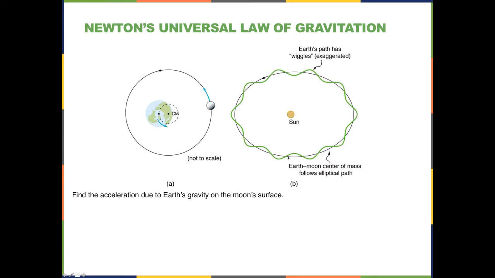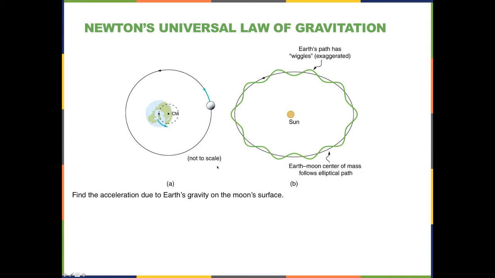So sometimes, well, when I talk about tides, there's a picture that shows the different tides, and when the moon is on the inside, there's an increased motion in this direction, and when the moon is on the outside, there's an increased motion in this direction, and that's why there's a wiggle in the path. It's been exaggerated here so you can see it.